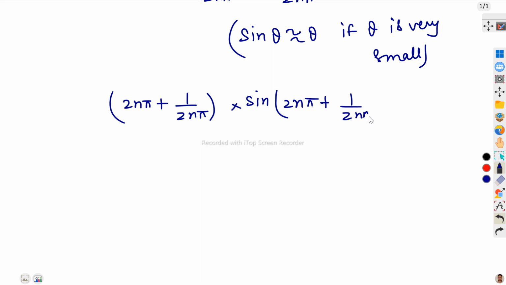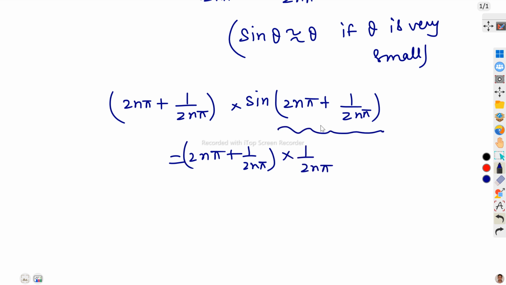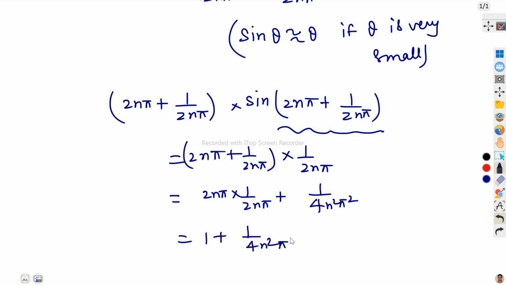This becomes (2nπ plus 1 upon 2nπ) times sine of 1 upon 2nπ, and since we have shown that this is near about 1 upon 2nπ, this is equal to 2nπ into 1 upon 2nπ plus 1 upon 4n squared π squared. So this is 1 plus 1 upon 4n squared π squared.